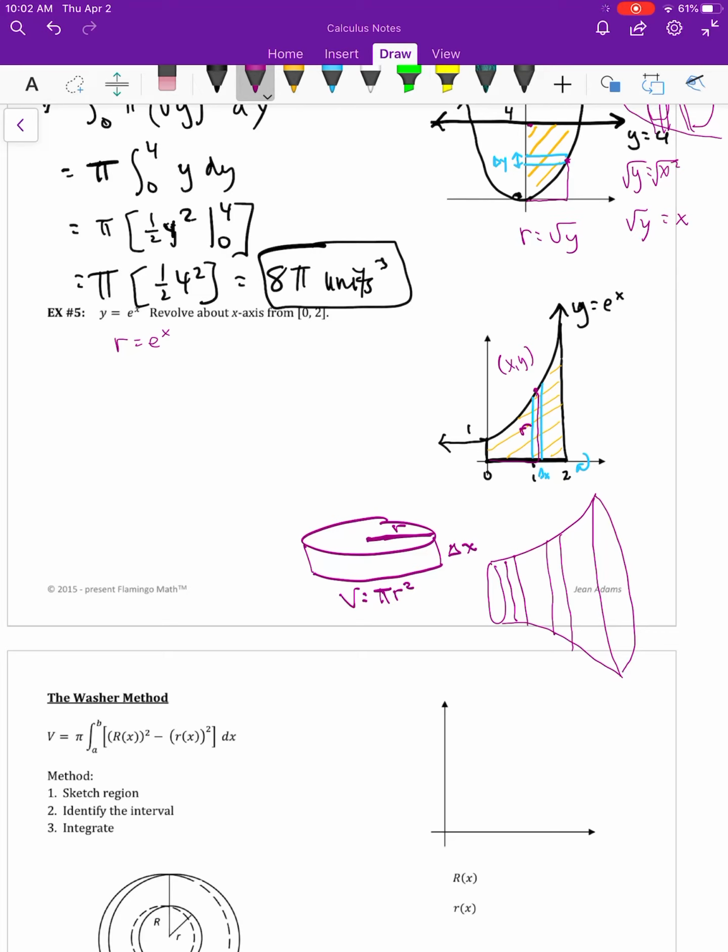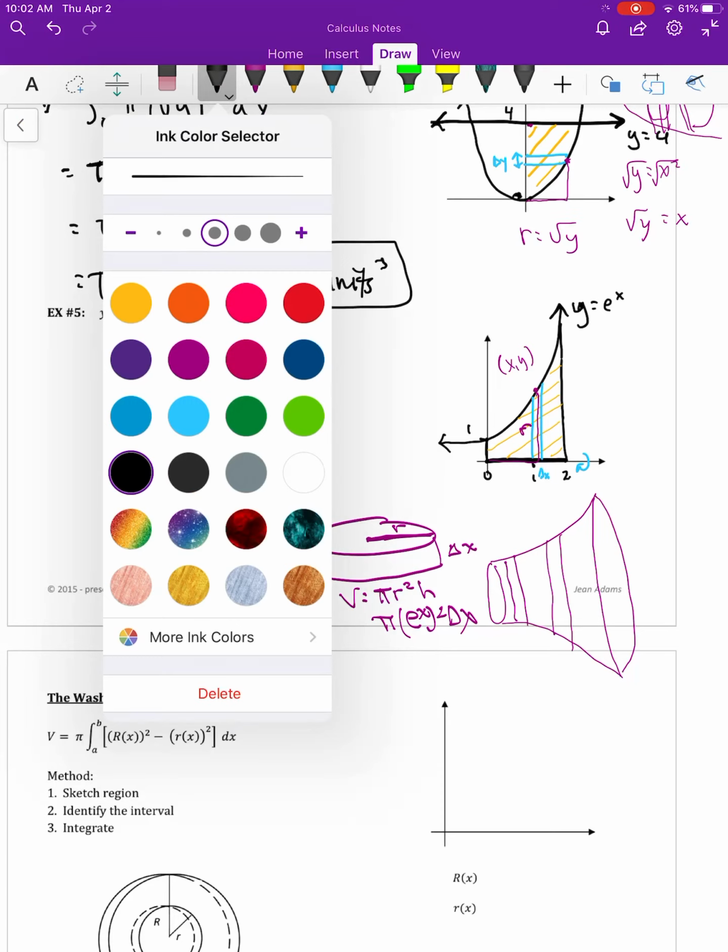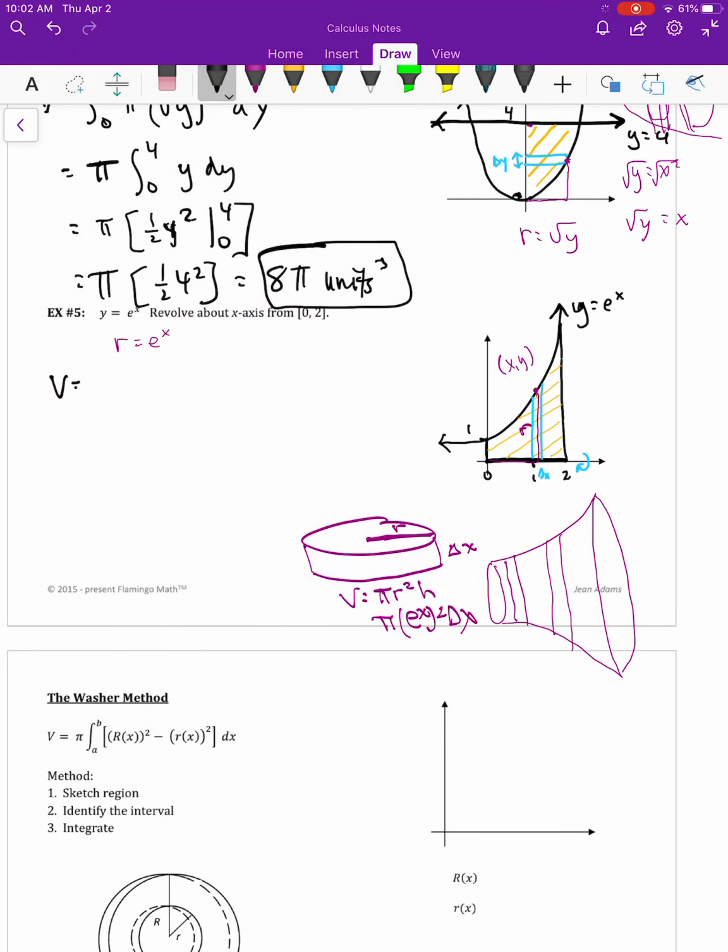So pi r squared times the height. Pi, we said our r was e to the x squared, and we said our height was delta x. And when we put it into our volume, it's going to be dx. So volume equals integration. This is x integration, so we'll go from 0 to 2. Pi e to the x squared dx.